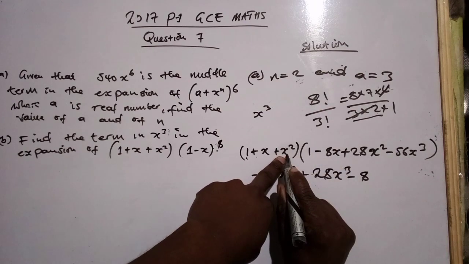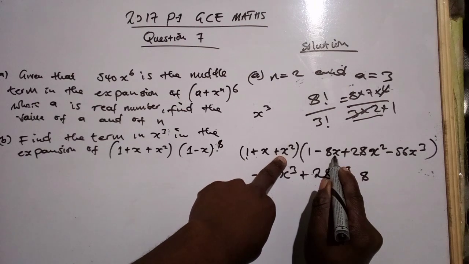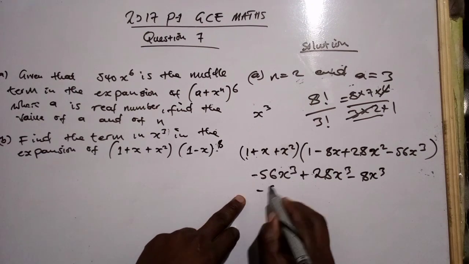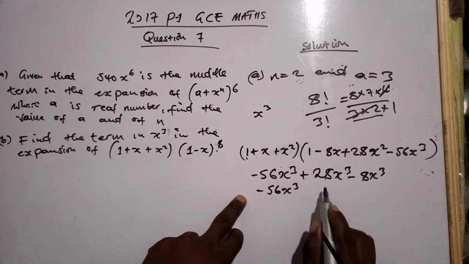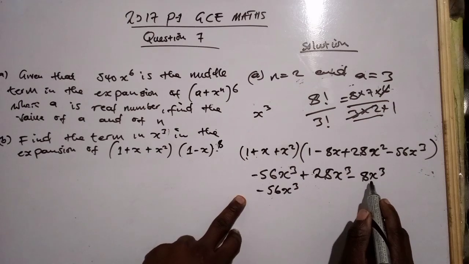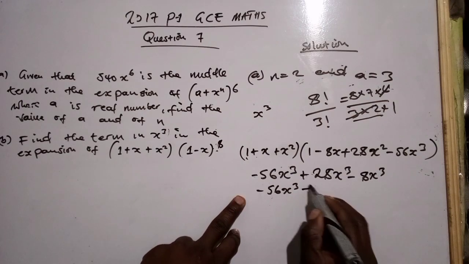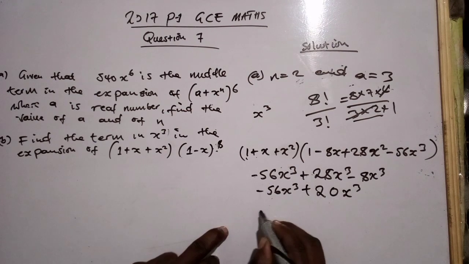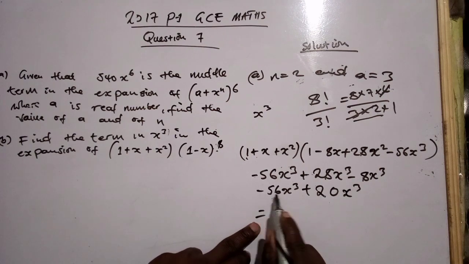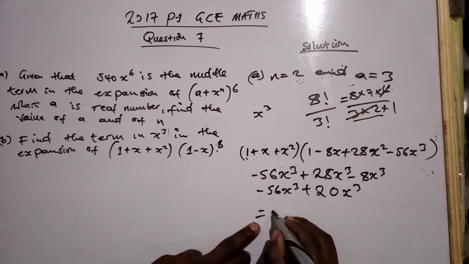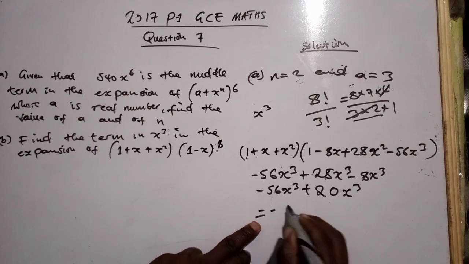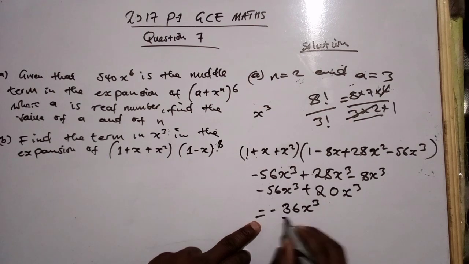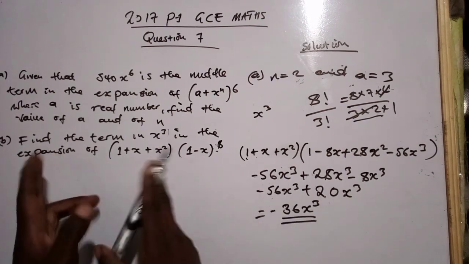So x power 2 times x, we are going to have 8x cubed. Then here minus 56x cubed. Then 28 minus 8, you are going to have plus 20x cubed, right? Then it will be minus 56x cubed plus 20x cubed, you are going to have minus 36x cubed. This is the term which they were looking for.